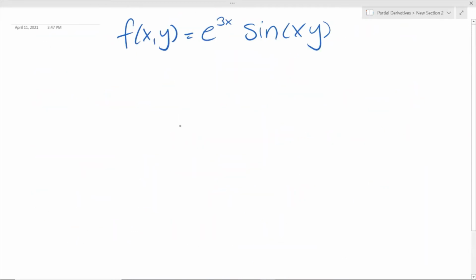Now say we are being asked to find the partial derivative for this type of function. Now with partial differentiation, it's very similar to just differentiating things regularly because we still apply the product rule, the quotient rule, and the chain rule. These same rules still apply.